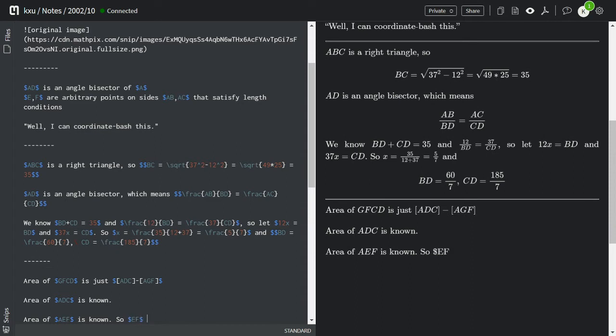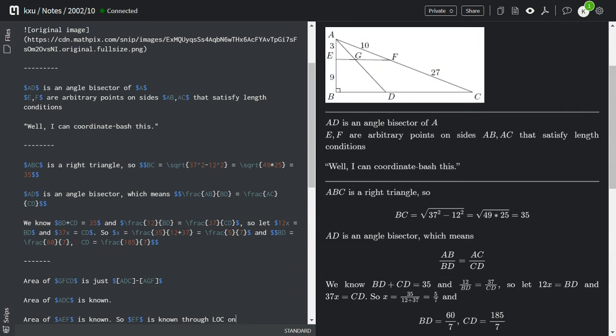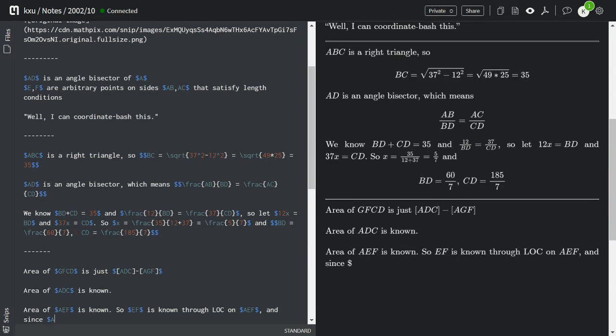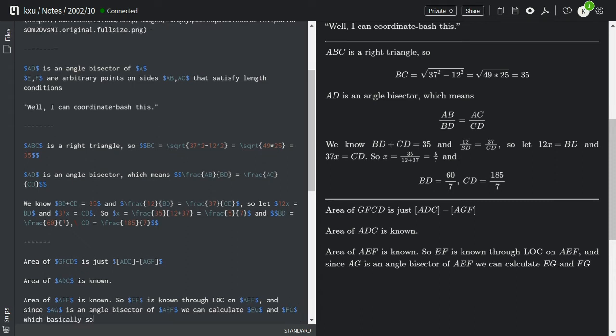EF is known through the law of cosines on AEF, because we know cosine of A, we know AE and AF, so we know EF. And since we can calculate that, and since AG is an angle bisector of AEF, we can calculate, using the same process as before, EG and FG, which basically solves the question.